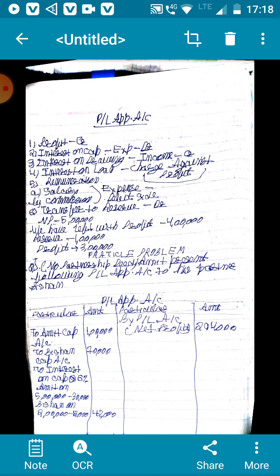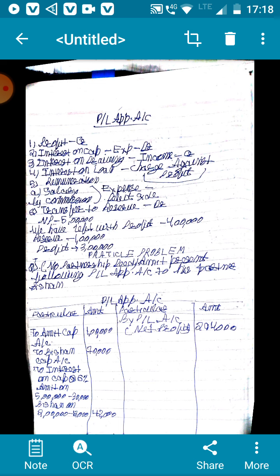For example, interest on capital is 50,000 and salary is also 50,000, which is 1 lakh.